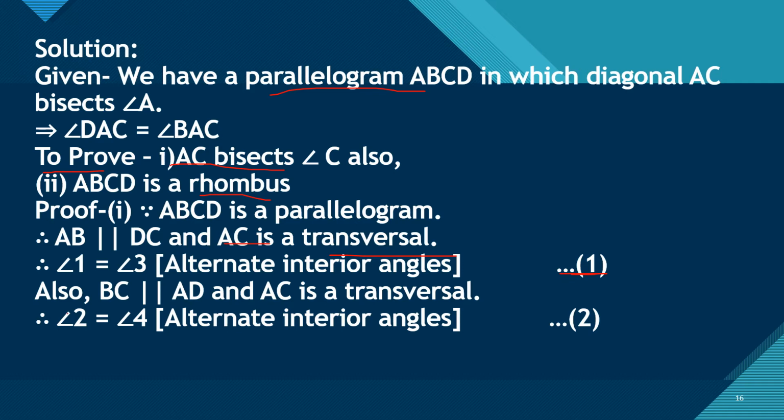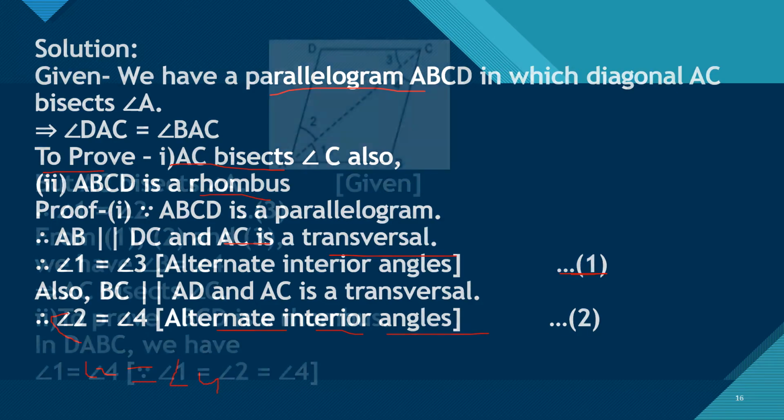Therefore angle 2 is equal to angle 4, alternate interior angles. So this is the second equation.